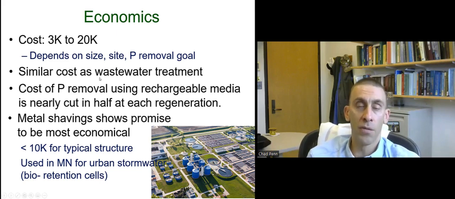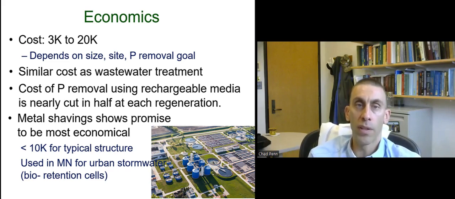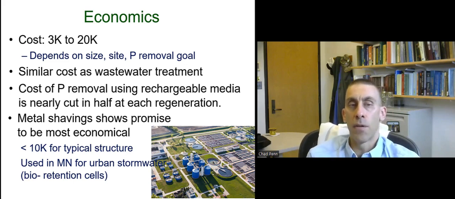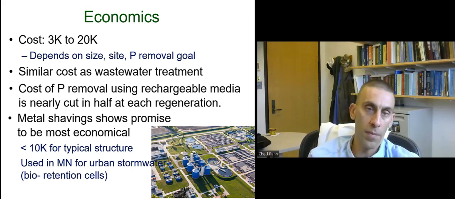We have some designs we'd like to do to build some county mains, some 24-inch diameter pipes, and those will cost more like $20,000 or even a little more than that. But when you look at it as a cost of phosphorus removed, dollars per pound of phosphorus removed, it's similar in cost to wastewater treatment.